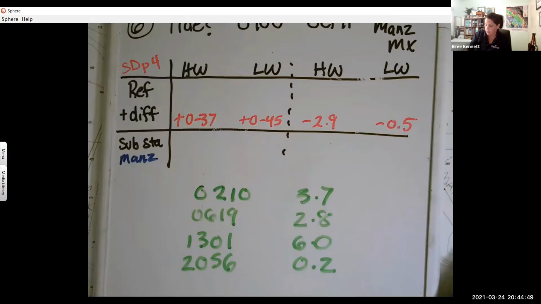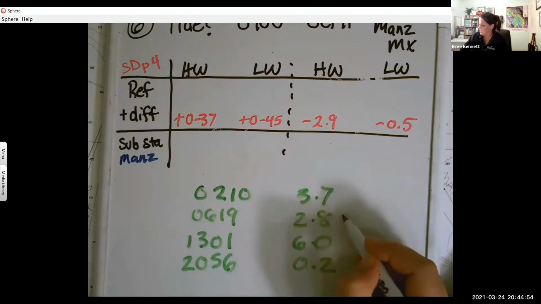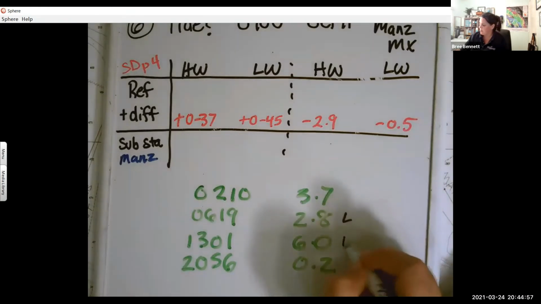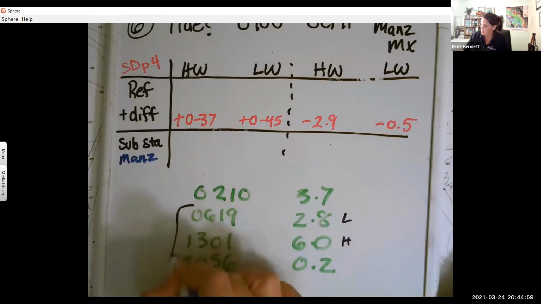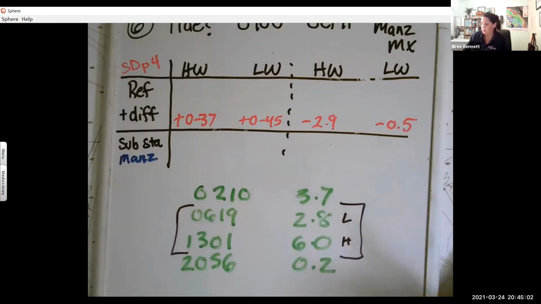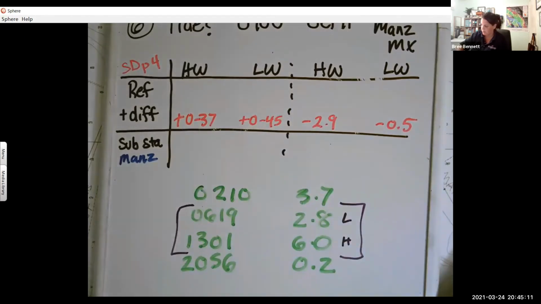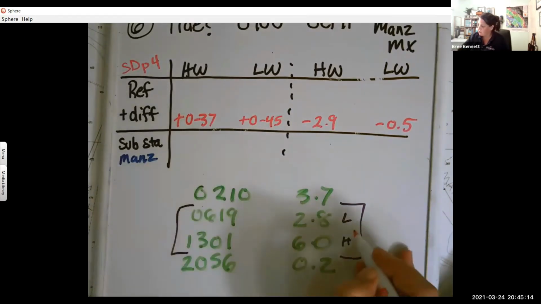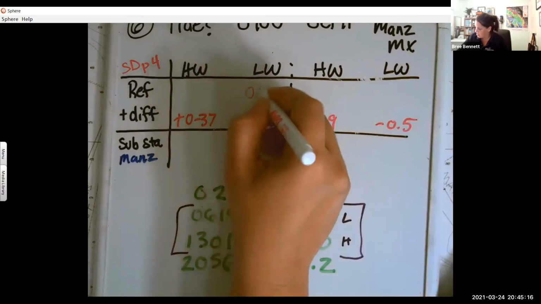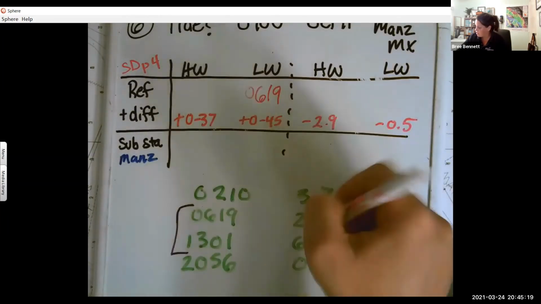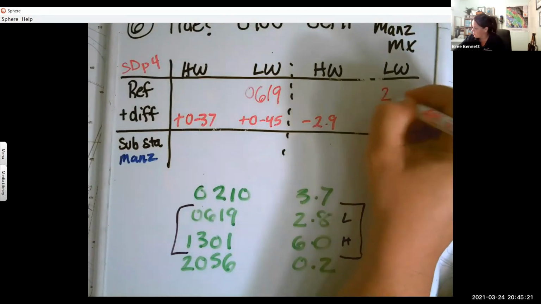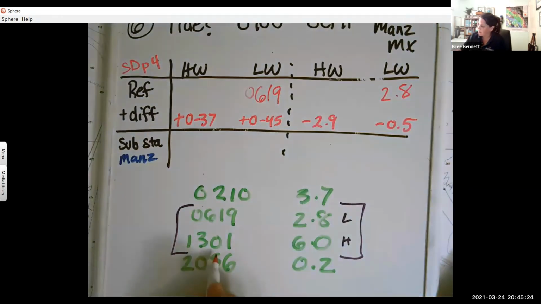I'm looking for 9. So I'm going to say the 6, which is a low water, 6:19 and 13:01. Those are my sandwiching times. So I'm going to plug those into my reference station here. So my low water was at 6:19 at 2.8. My high water.